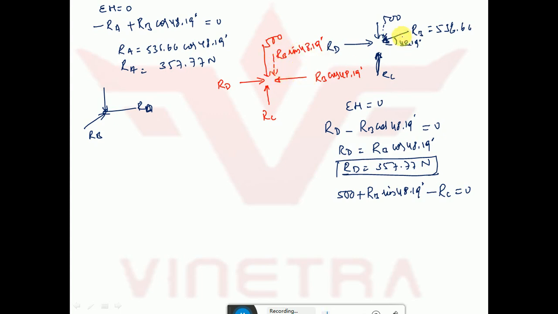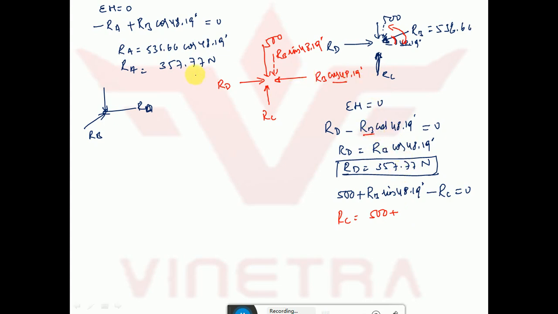So once I resolve, this is coming towards the theta, so it will become cos, and while making it vertical component, it is going away from this angle theta, it will become sine, right? So upon substitution, RC is equal to 500 plus, what is the value of RB?